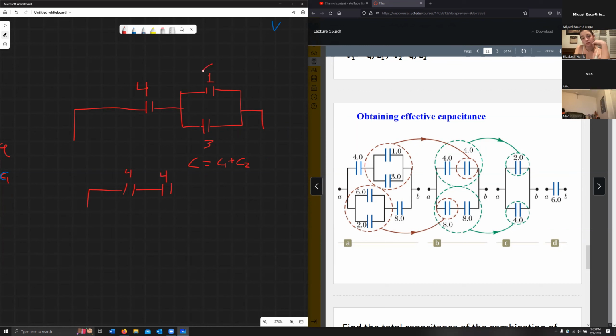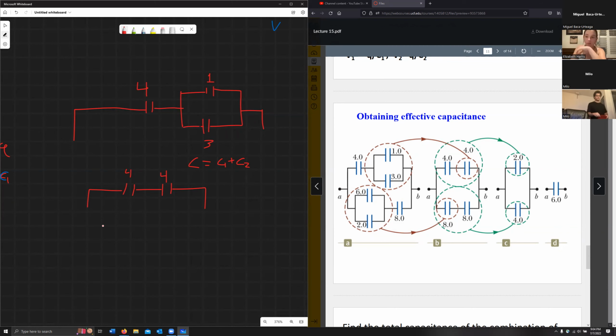Hold on, I like that dark blue, but these combined to this 4, and then you're left with a system with 2 capacitors with capacitance 4, right?